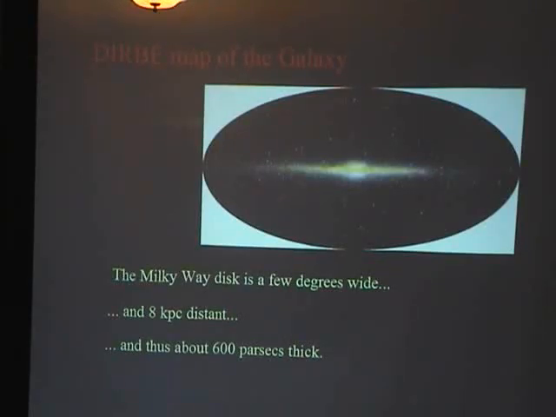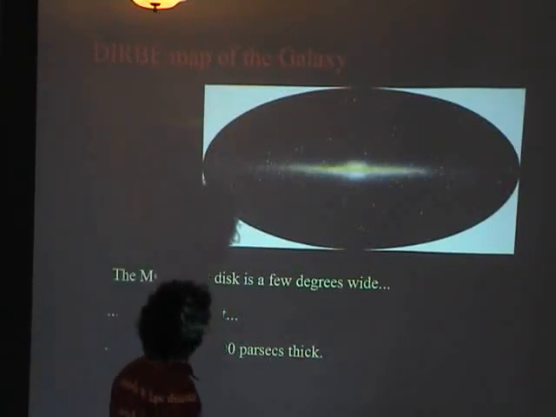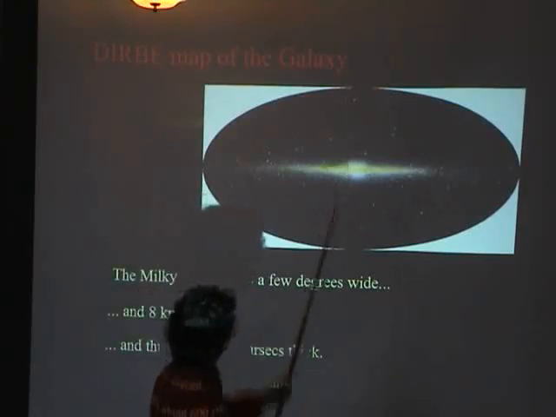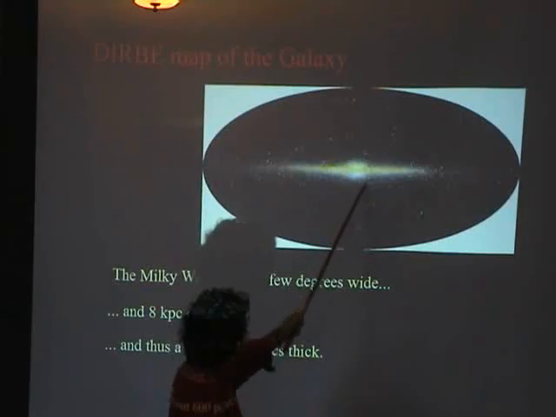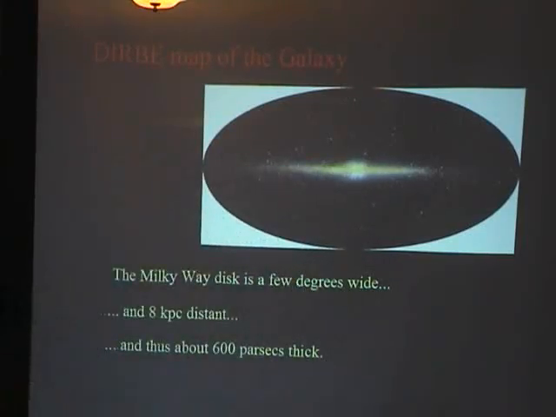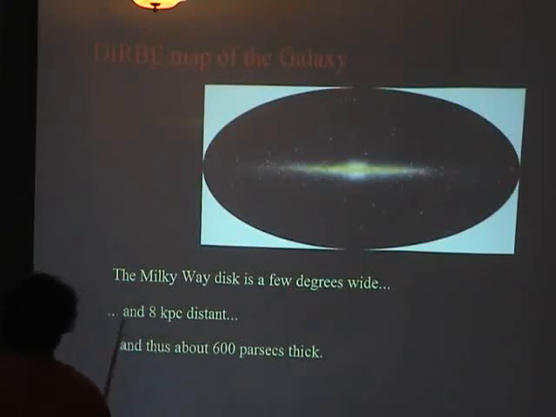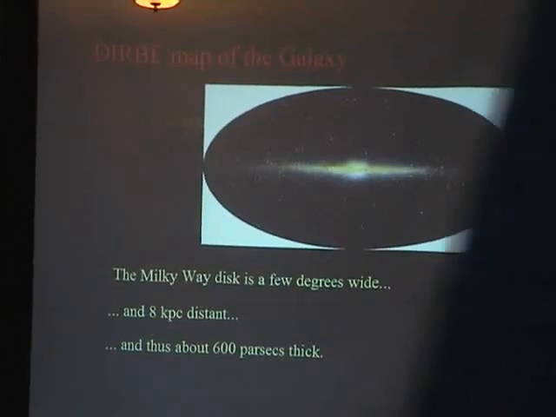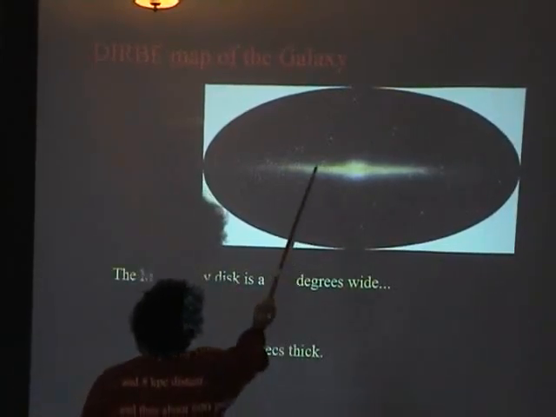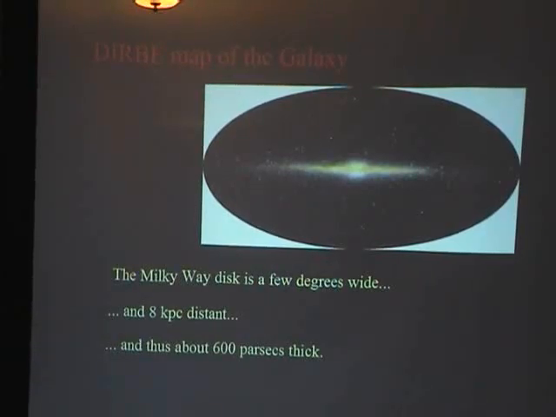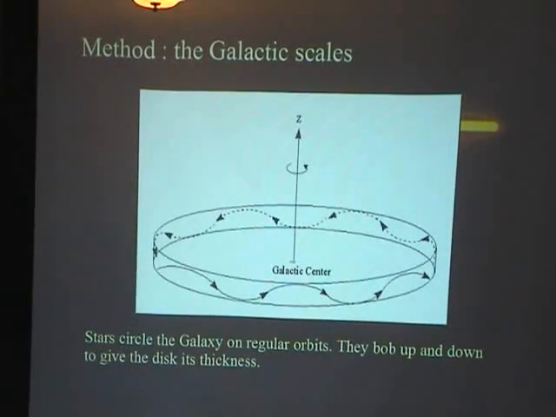The Milky Way, we see it from about 25,000 light years away, out here somewhere, and we look in and see the bulge of the Milky Way and its disk. This is an infrared image, and the Milky Way is about 8 kiloparsecs from us, and it's about 600 parsecs thick. Now, of course, that thickness is simply caused by the fact that the stars are moving up and down.